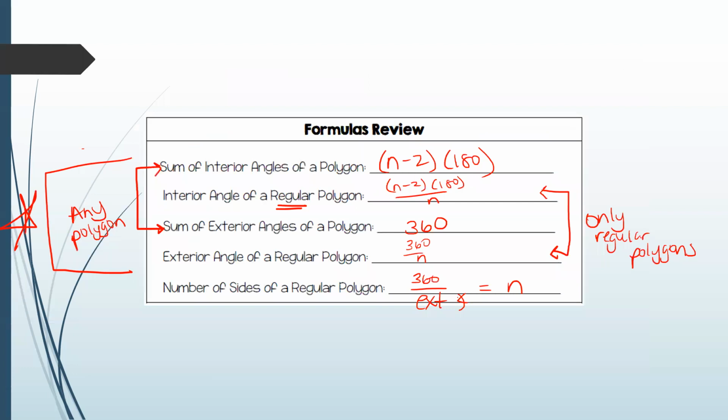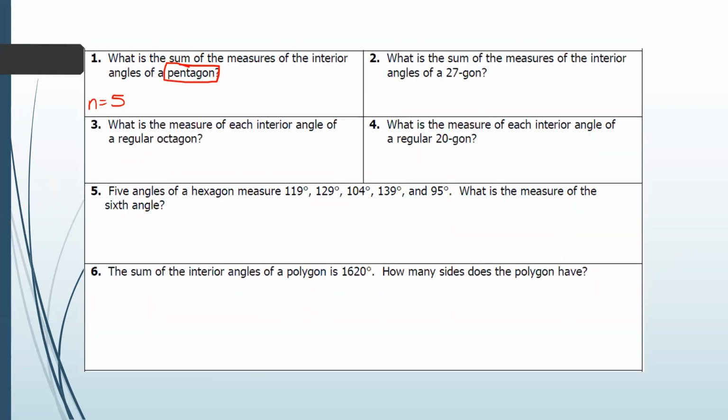So we want the sum of interior angles, that's that first equation, n minus 2 times 180. And n is 5. So we're going to say 5 minus 2 times 180, or 3 times 180. So the sum of the interior angles of a pentagon is 540 degrees.